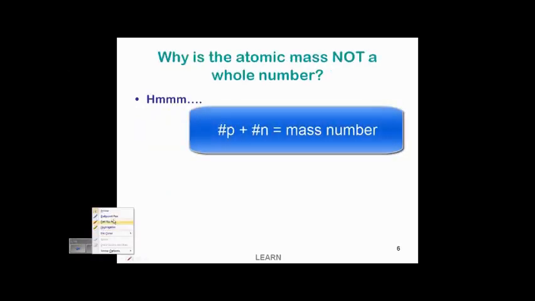We have learned that the number of protons plus the number of neutrons is equal to the mass number, which is the atomic mass rounded off to the nearest integer. The question is, why is the atomic mass not the same as the mass number? Why isn't it a whole number? We'll come back to that a little bit later.